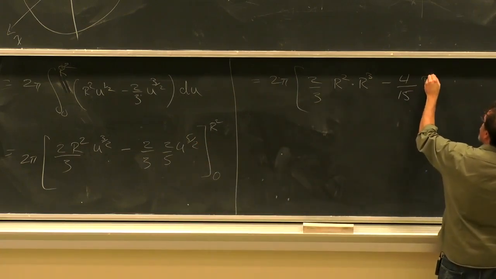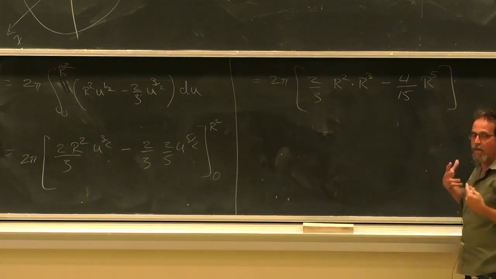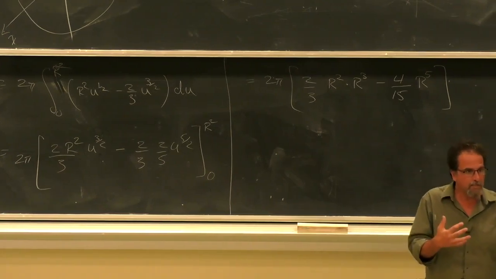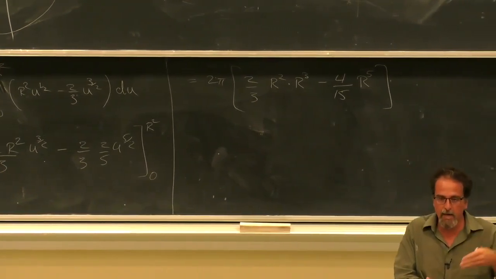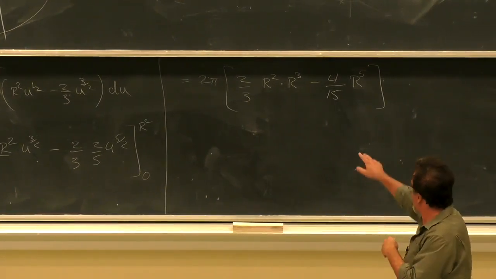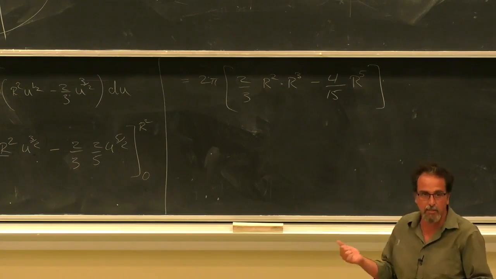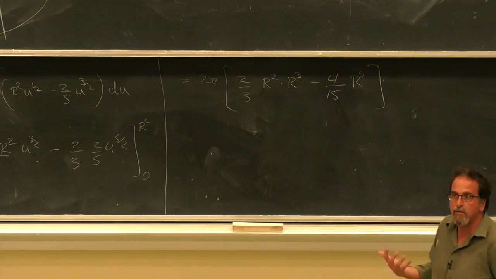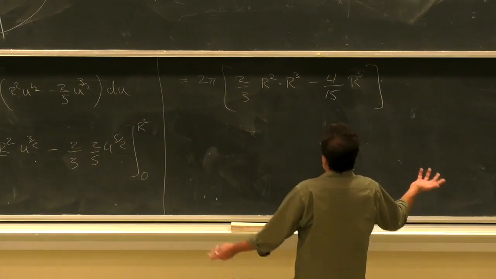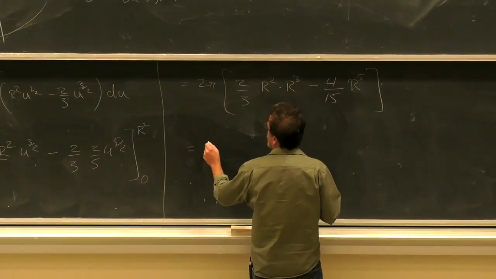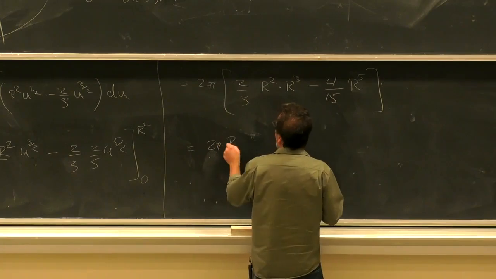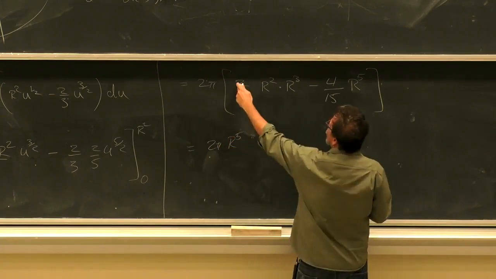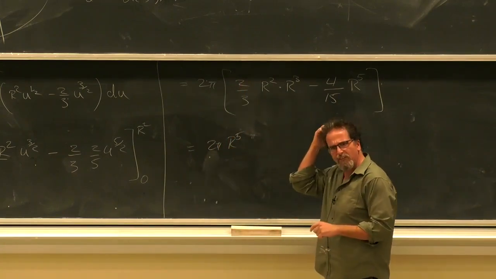And this is interesting, and this is important, and I hope you see why I retain units. R is a length. So I'm taking it to the power of 5 in the first term and to the power of 5 in the second term. That's the only way I could subtract them, or else I wouldn't be able to subtract them if they had different powers. One would be length to the 5th, and the other one would be length to the 4th or something. So then I'm left with 2 pi R to the 5th, and 2/3 is also equal to 10/15.